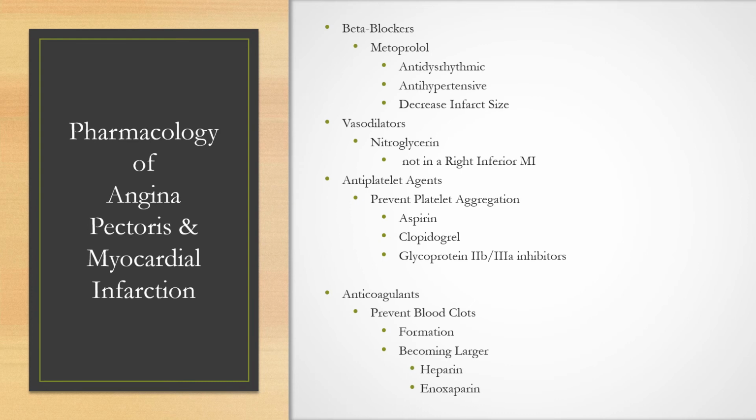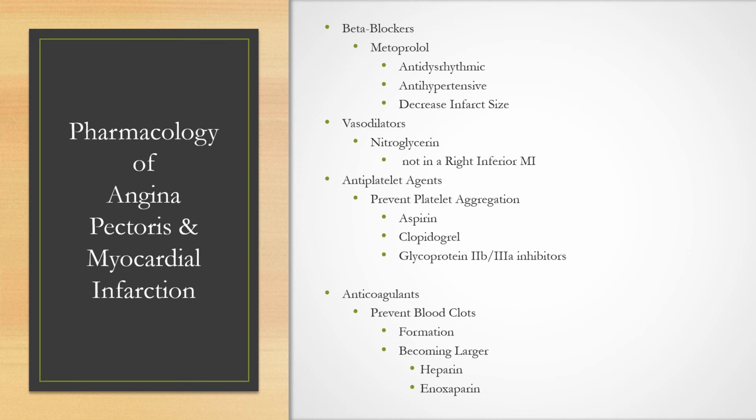Aspirin and clopidogrel are very common agents we use to stop the platelets from sticking to this ruptured plaque in the coronary artery. Okay, so aspirin is one of the first drugs we give as the patient's coming in. In fact, the ambulance usually gives aspirin while the patient's being transferred to the hospital.